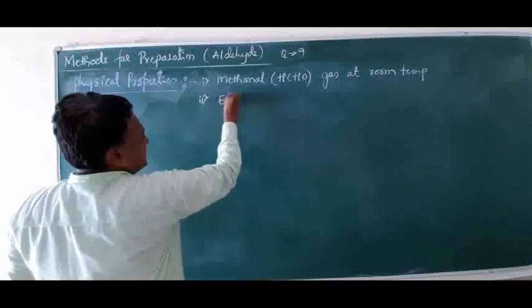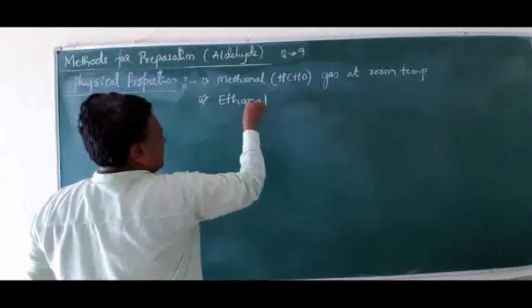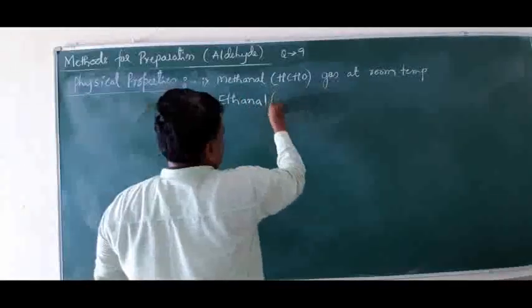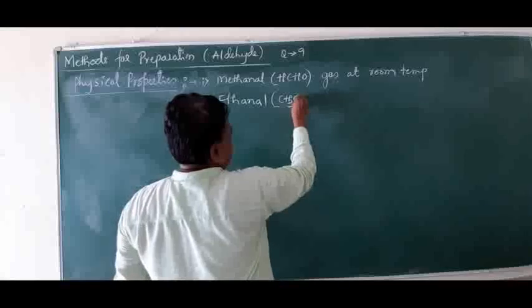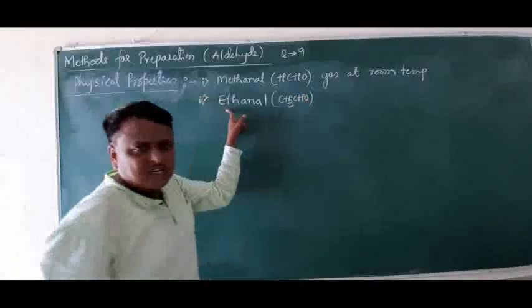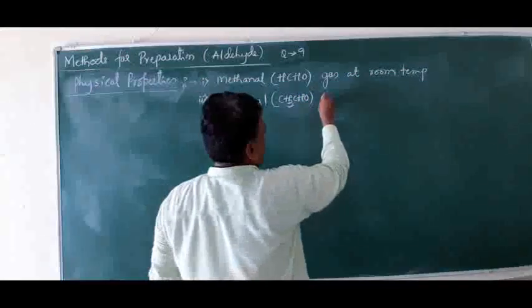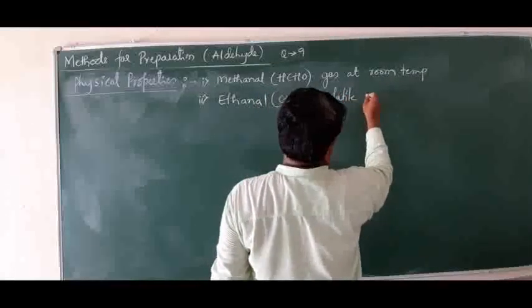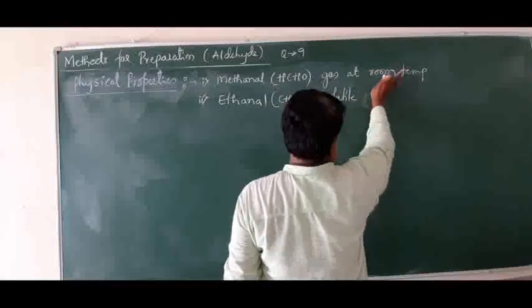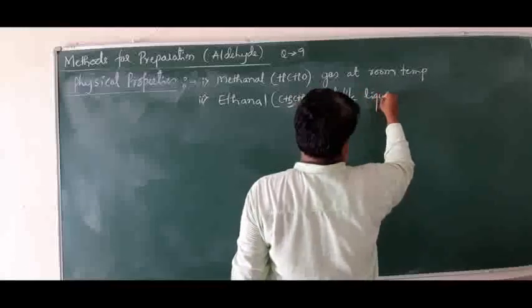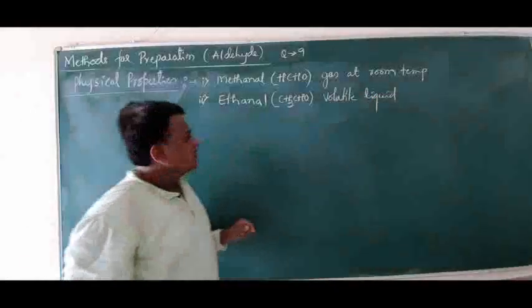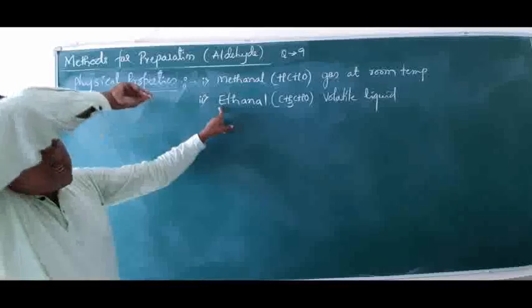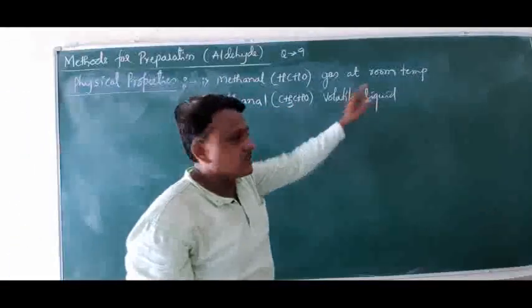And the second one is ethanal, keep in your mind the formula CH3CHO, another name acetaldehyde. It is a volatile liquid. This is the second one.